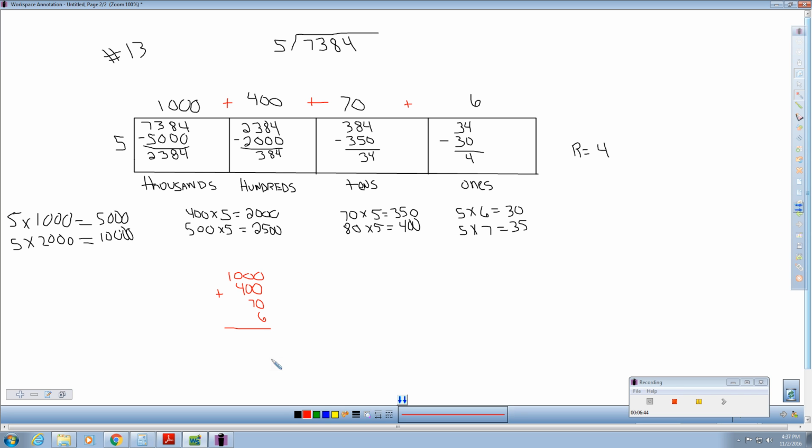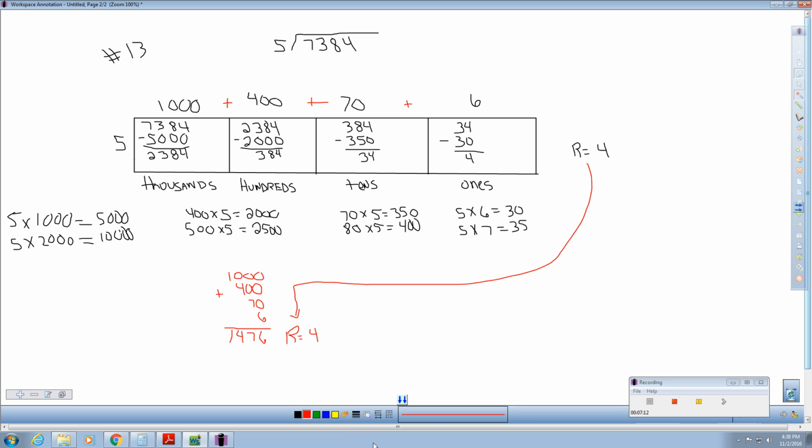Alright, so when we add all of these up, we end up getting 1,476, and then we have this remainder over here, and we write that. We can just write remainder with an R and say R equals 4.